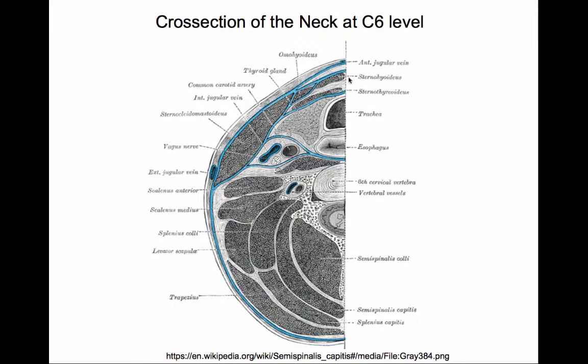Here we see the cross-section of the neck at C6 level. This is the sternocleidomastoideus. Here we have the scalenus anterior, scalenus medius. And here we have the splenius colli, levator scapulae, trapezius, splenius capitis, semispinalis capitis, and semispinalis colli.